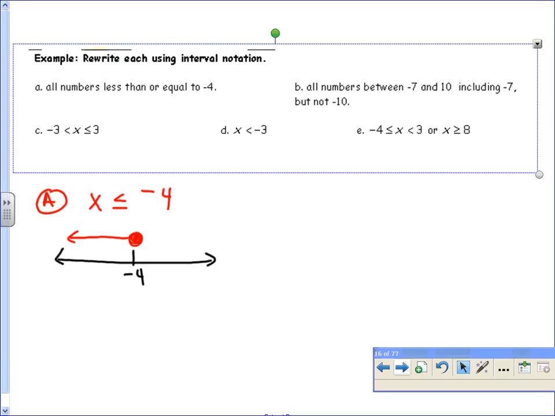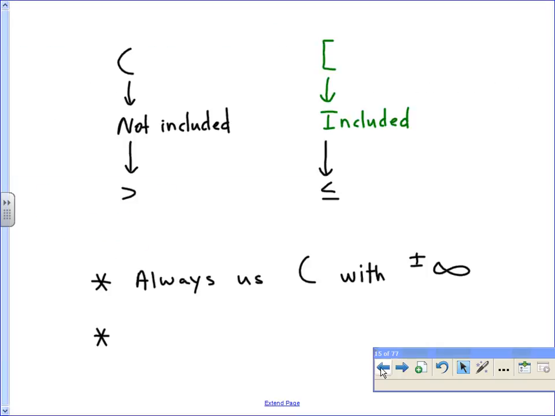And if I want to write this in interval notation, then, and this is where I'm going to add, you've got to figure out what in this case you only have one number. So I'm going to go back and we're going to add this other thing that I was talking about here. When you do interval notation, what you're doing is you're using some form of this. It's like an ordered pair, like going from one number to the other.